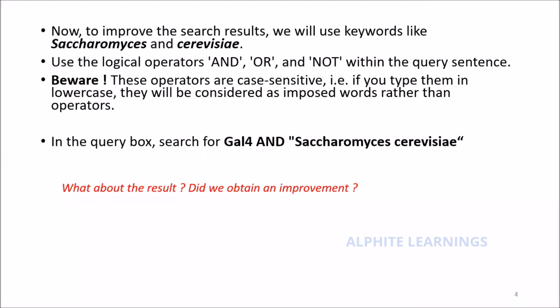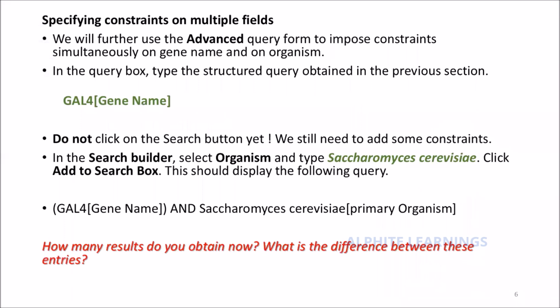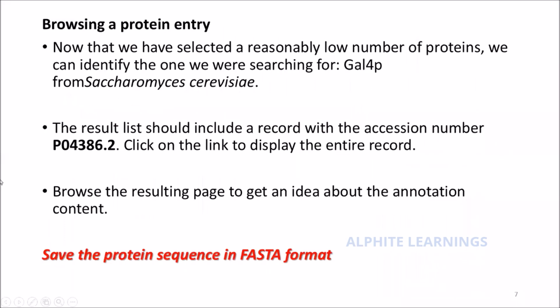so what about the result? We got the improvement, right? After doing the advanced search, we got the improvement, and we have got the difference. So now we got a protein entry. As told, P04386.2 was the accession number which we were looking for. But before that, I did not know the accession number. Maybe I was not quite sure.